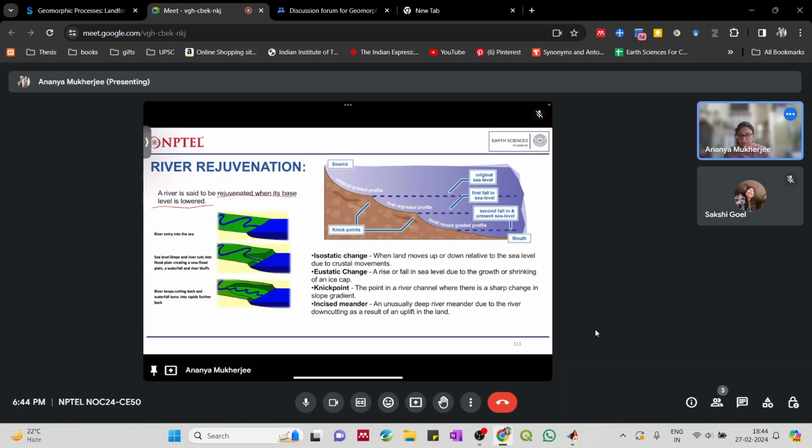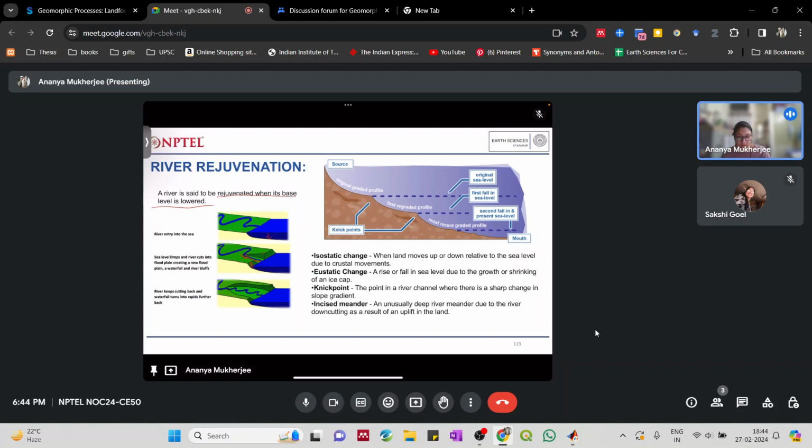So what we can see is that if the sea level falls, there is a sudden elevation difference and more area is exposed, and because the water now has to accommodate through this changed slope, it will start eroding more.